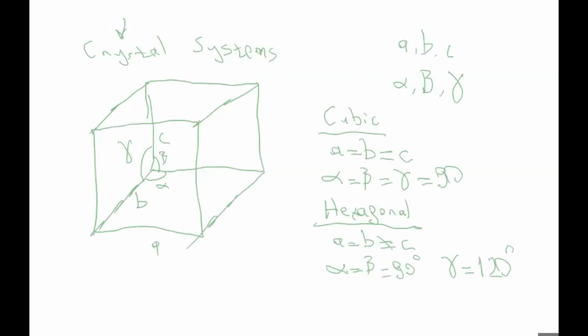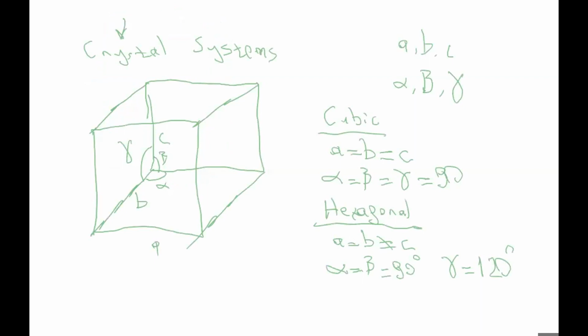Sorry about the bad drawing, but A is equal to B, which is not equal to C, and alpha, beta are 90 degrees, and gamma is 120.